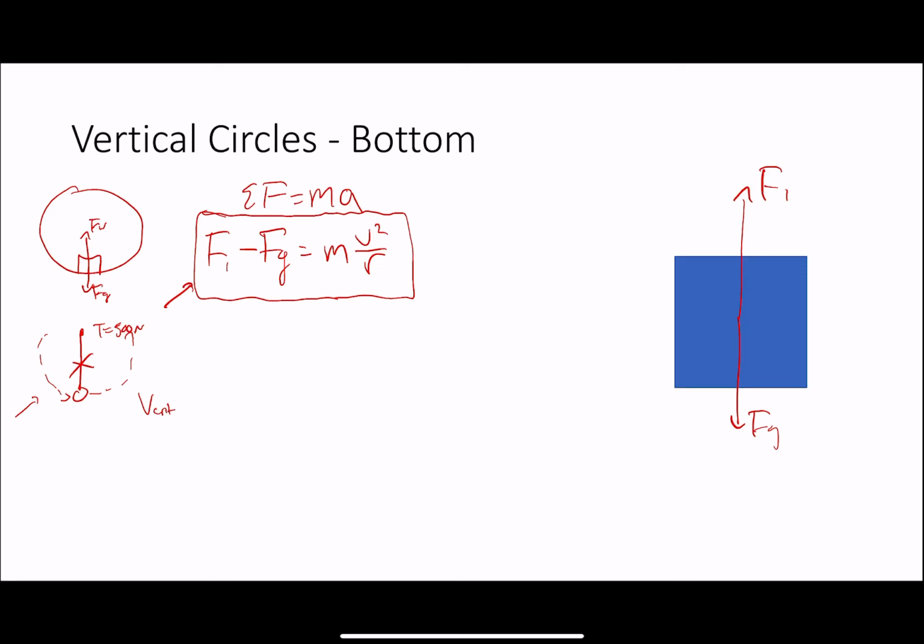So the critical velocity at the bottom is essentially just solving for F. It's really not as complicated as the other one, where we had to let F be 0 and think about it. This one, I'm probably going to say the rope can't handle more than 500 newtons. And so all you're really doing is plugging 500 newtons into that equation.